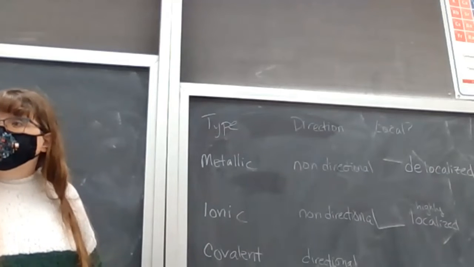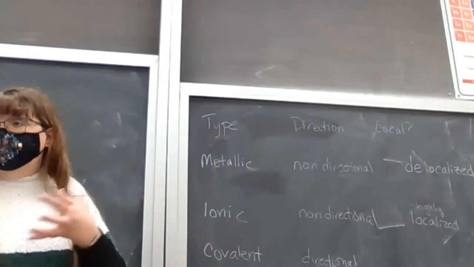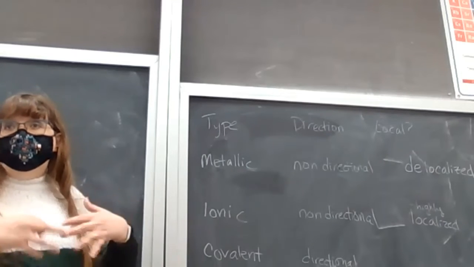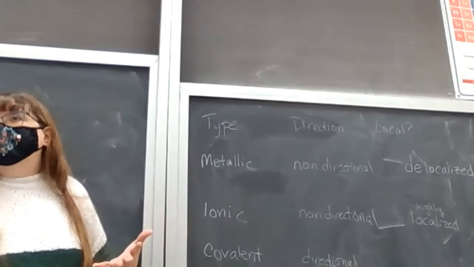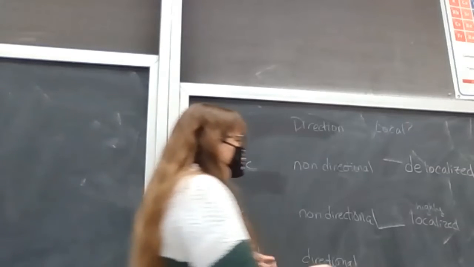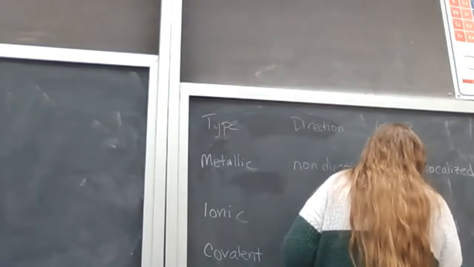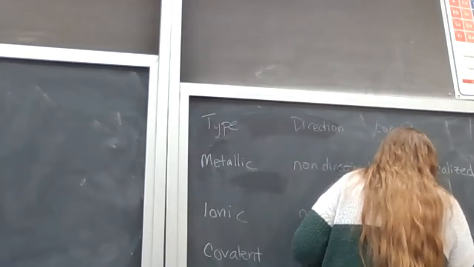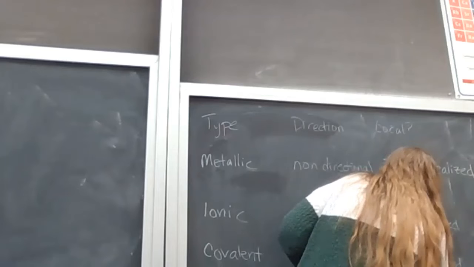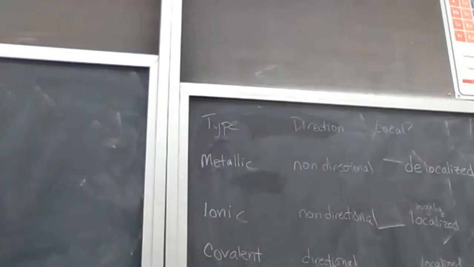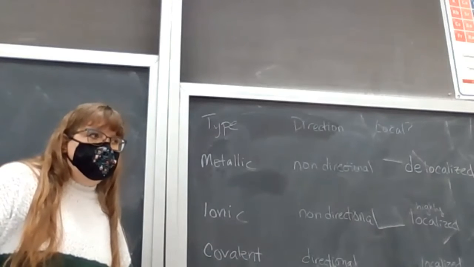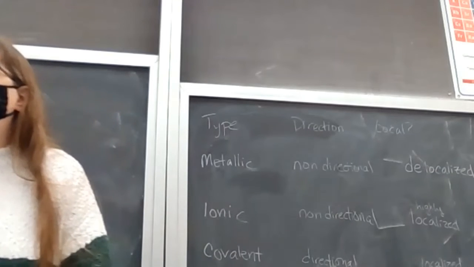The covalent is localized in that the electrons stay between those two atoms and they don't tend to travel elsewhere in the molecule, but not so highly localized that they just stay on one atom. So this is localized, but not quite as much as ionic. Okay, so these are some different ways that we can describe bonding.